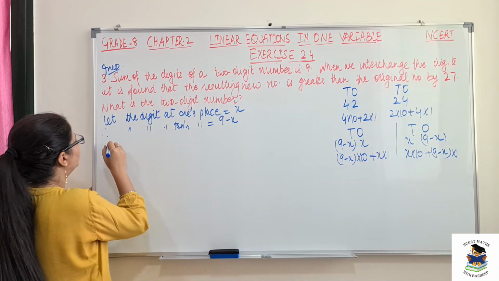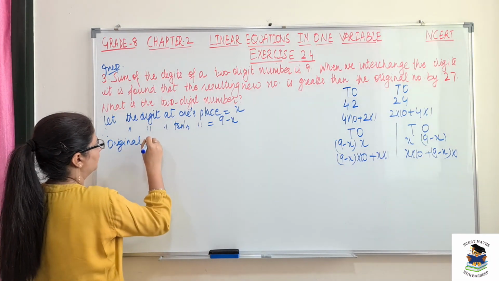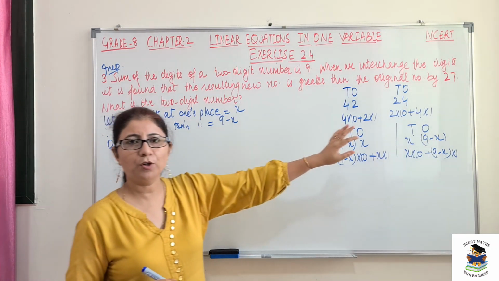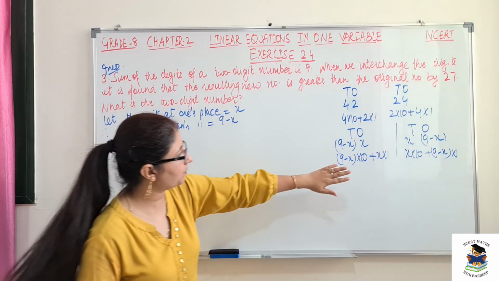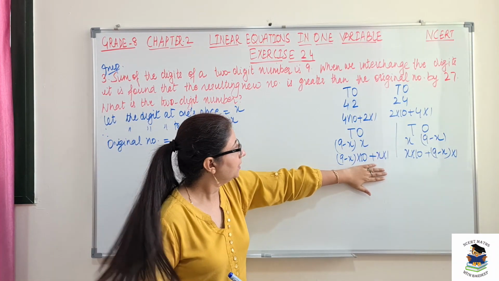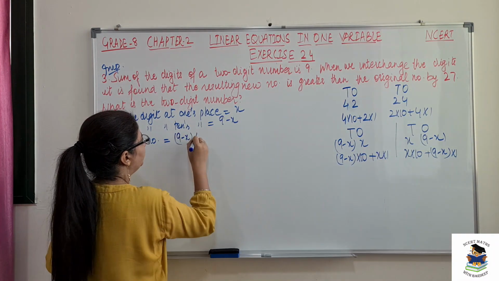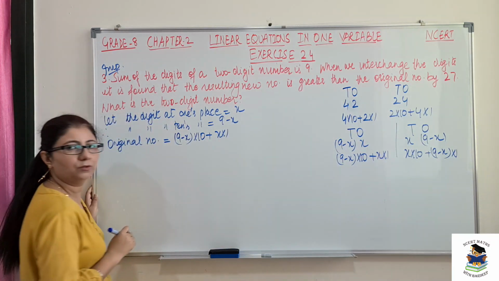So what is my original number? Because we cannot write 42 as x and 9 minus x, we will write this in expanded form. So this part, 9 minus x, multiplied by 10 plus x multiplied by 1.